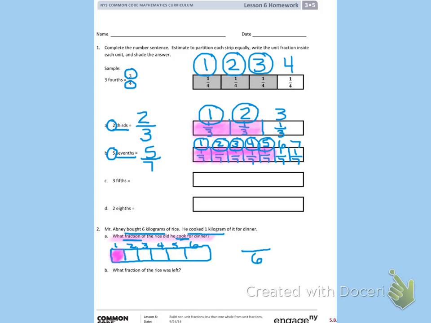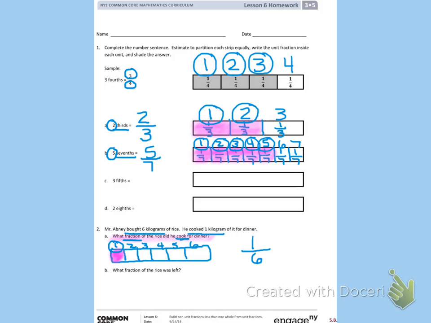Now I'm supposed to figure out the fraction of the rice that was cooked. Looking at my illustration, I can see that 1 unit was cooked. That number goes on the top portion of the unit fraction. This unit fraction is named 1/6.